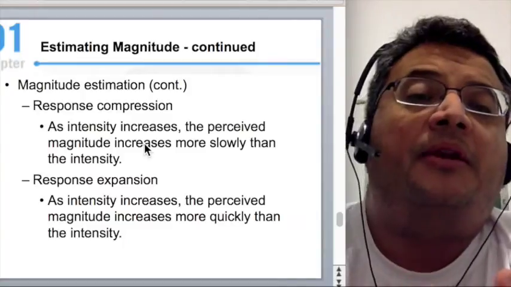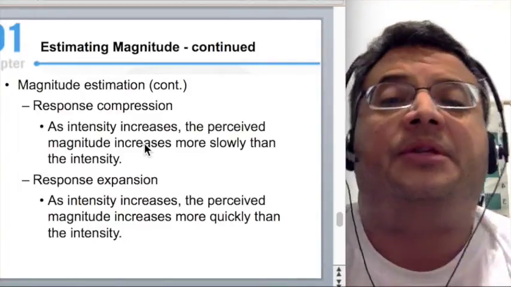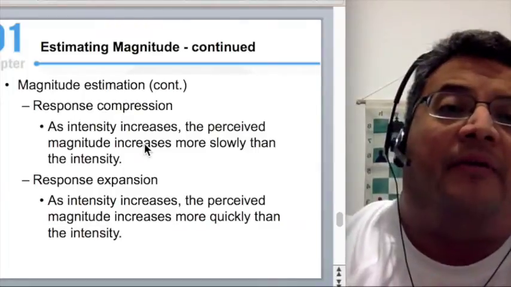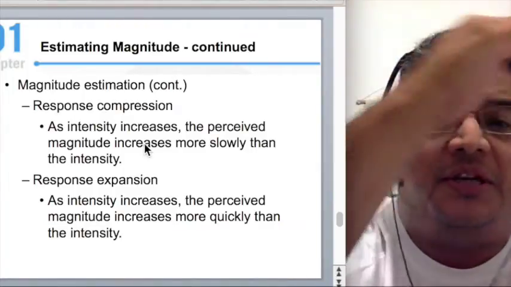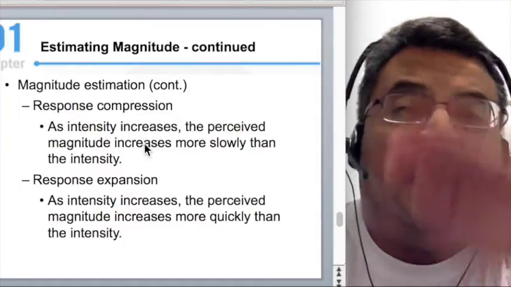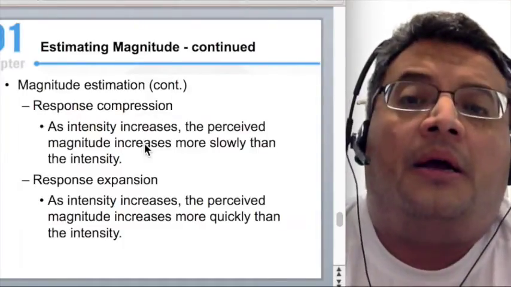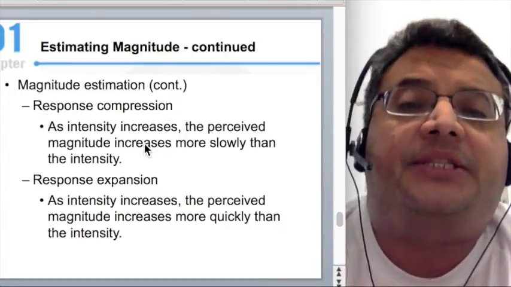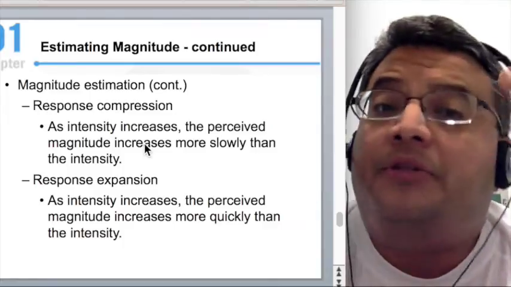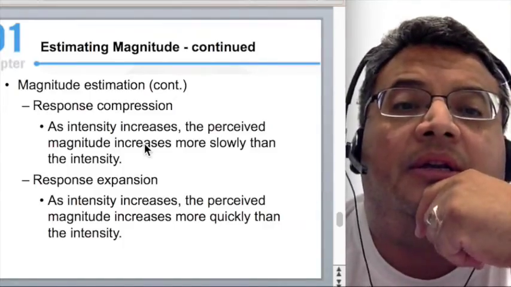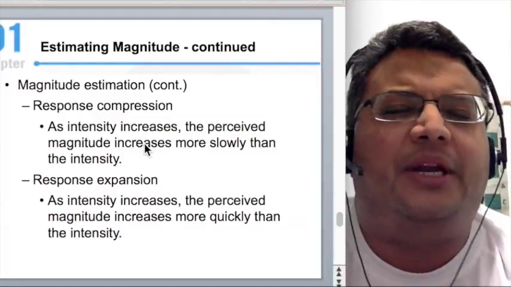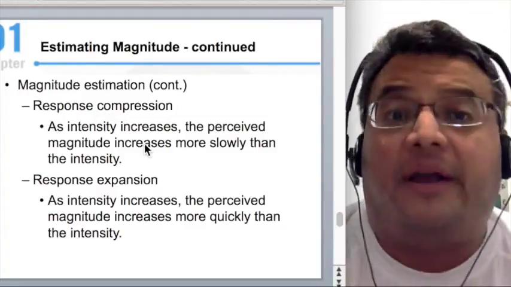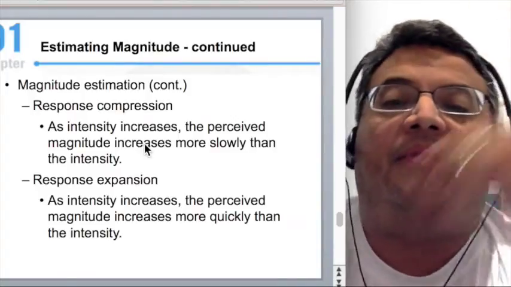Other times, as you increase the stimulus, the perceived magnitude flattens out into a plateau. That's called response compression. At some point it hits a ceiling, and no matter how much you increase it, it doesn't look like it's getting any brighter or louder.